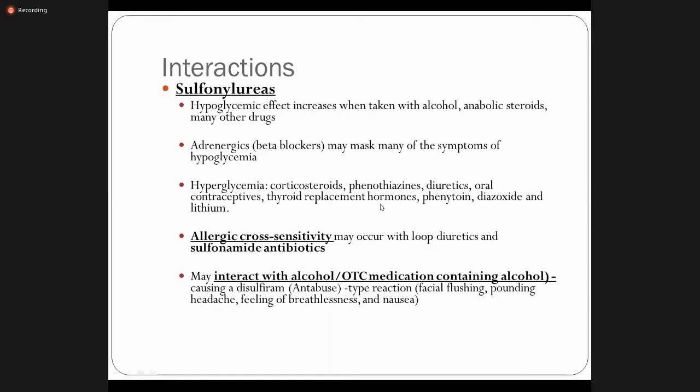Any drug that has a tendency to strongly bind with plasma protein has increased chances of drug-drug interaction. Clear? So the hypoglycemic effect increases when taken with alcohol, anabolic steroids, and many other drugs, right? Because these anabolic steroids or alcohol displace sulfonylureas from the binding site, so the free level of sulfonylureas increases, and so the chances of hypoglycemic effect increase, right?